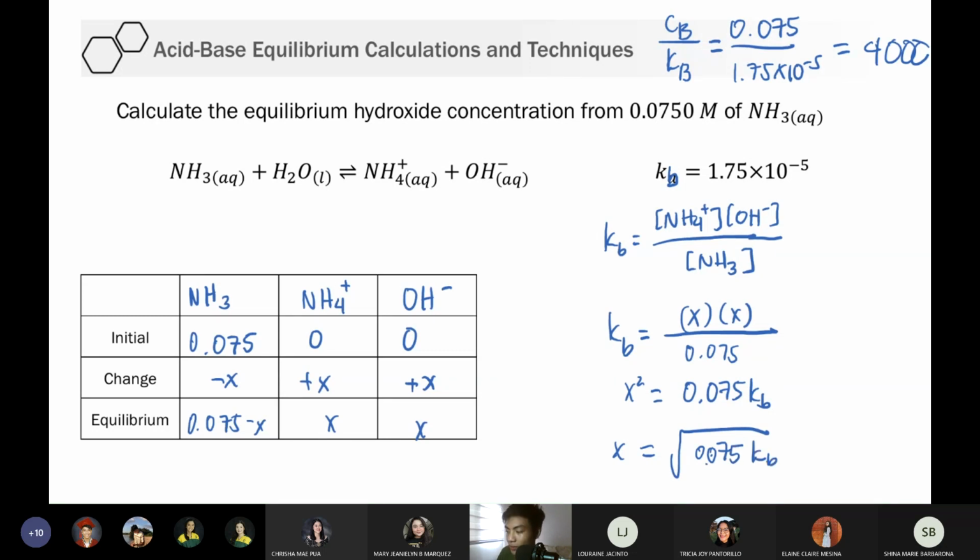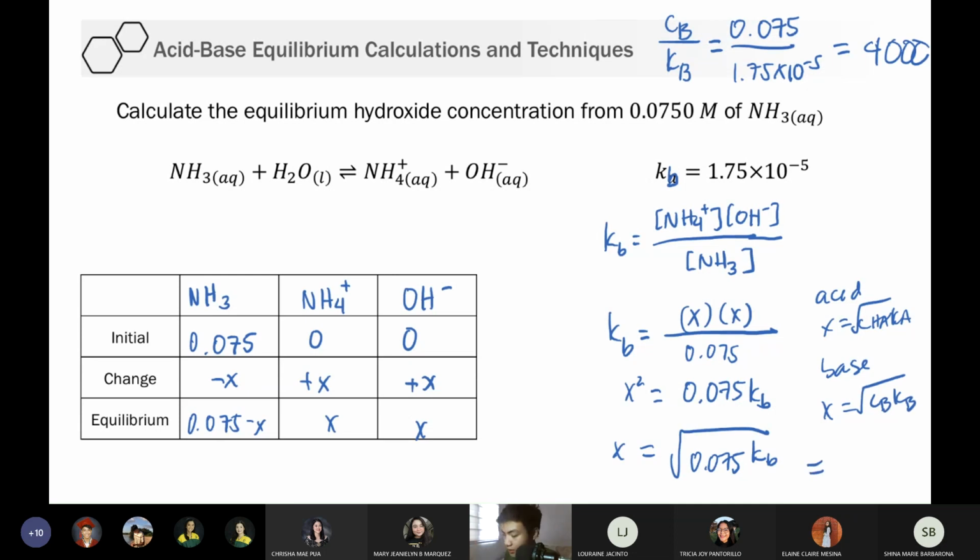Okay? So again, kapag base yan, CB KB. Kapag acid yan, Ka CA. Okay? Again, kapag acid, x is square root of Ka CA. Kapag base, x is equals to square root of CB KB. Okay?